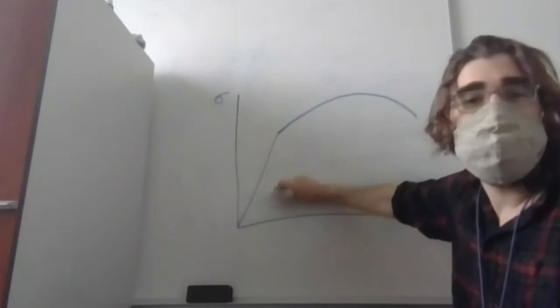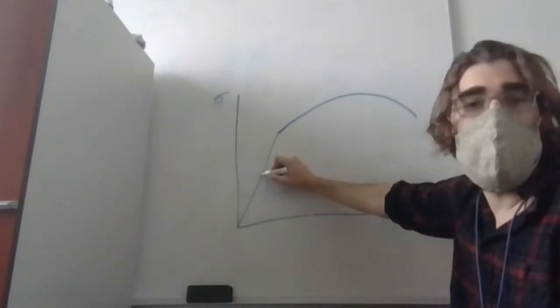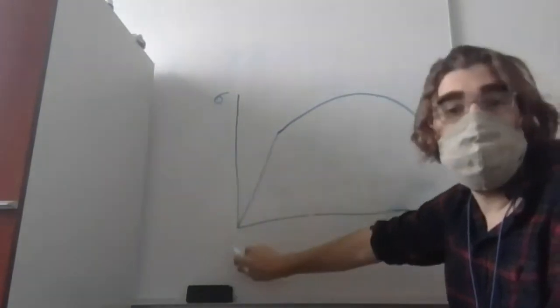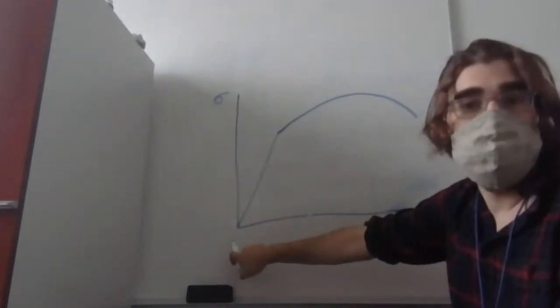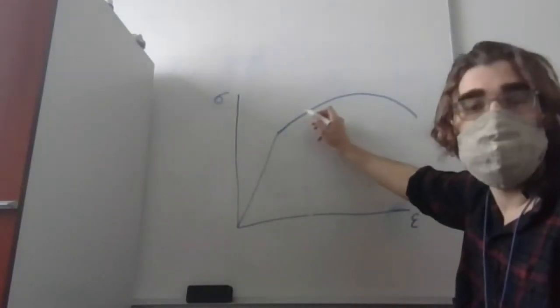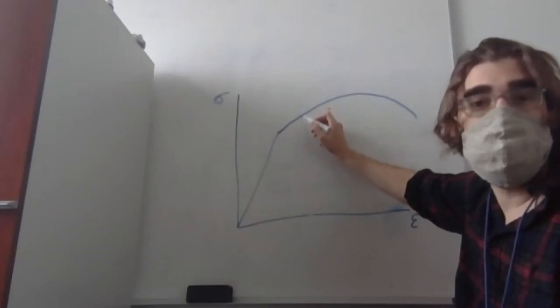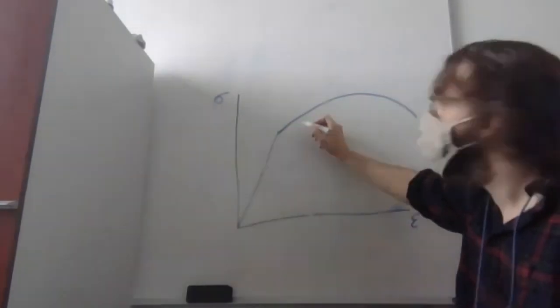Additionally, the elastic region is reversible, right? So I can stretch to this position and then the material will relax to its initial position. However, as soon as I start inducing plastic deformation, I'm permanently deforming the structure by moving these dislocations.